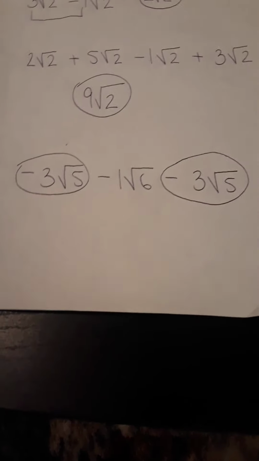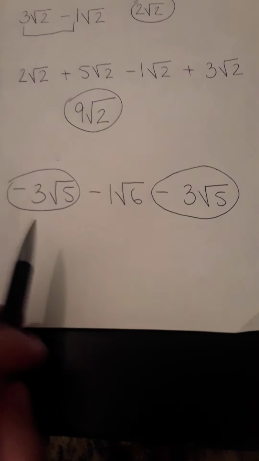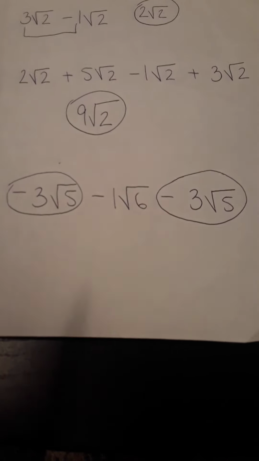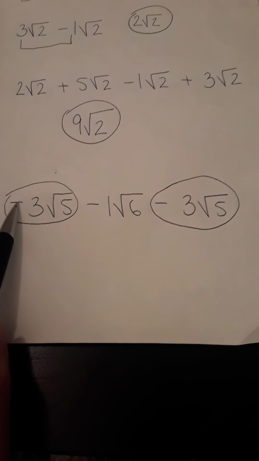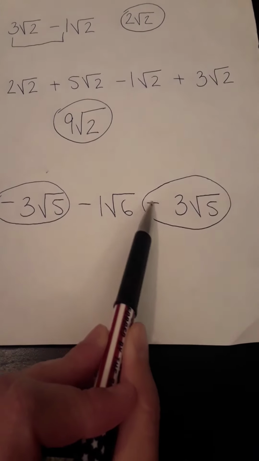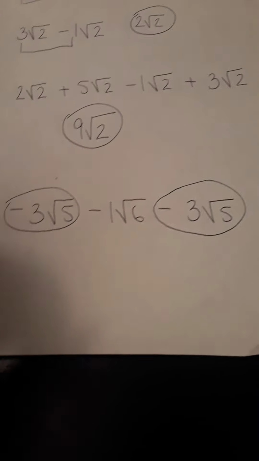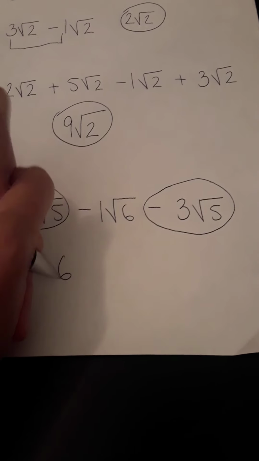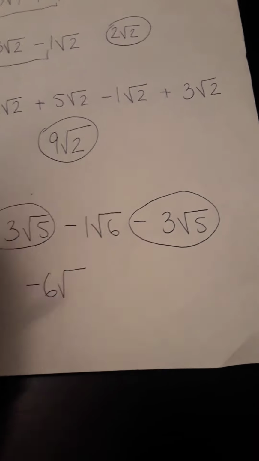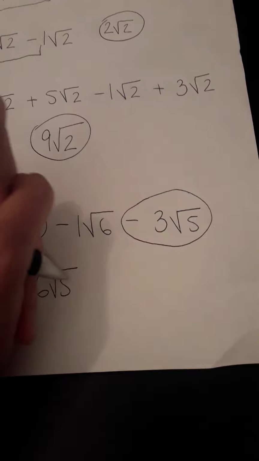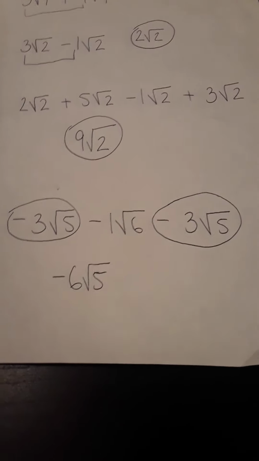So I'm just going to combine the two I can. And just like the previous three, whether you're adding or subtracting, and here we are subtracting again, what is negative 3 minus 3? You're going further into the negatives: negative 6. Followed by the radical that they shared, radical 5. That number never changes just because they're alike.